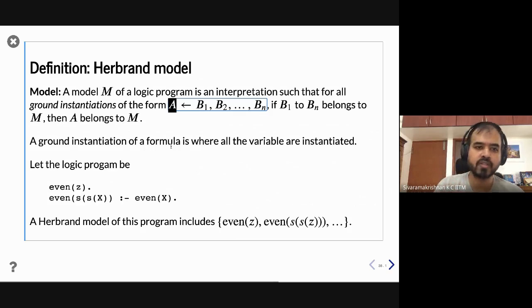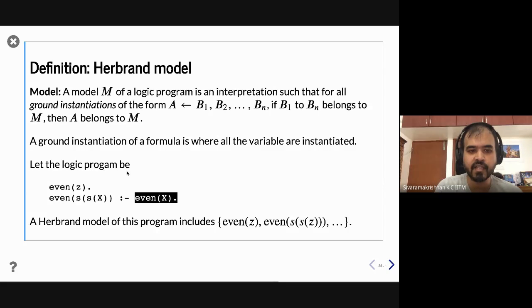So how does this work? Let the logic program be even of z, I'm saying 0 is even, and then even of s of s of x is even if even of x is, that is, x plus 2 is even if x is even. So what is this definition saying? If B1 to Bn belong to M, here we have true. As we saw earlier, you can read this as for all x, even of z is implied by true. True always belongs to the model.